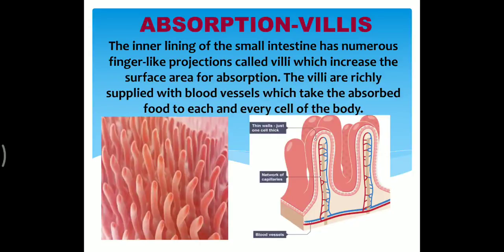The digested nutrients are absorbed through villi. The villi are richly supplied with blood vessels, which take the absorbed food to each and every cell of the body. It goes to the blood, and through the blood it is sent to all parts of the body, to each cell of the body.